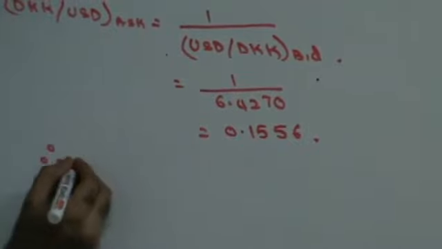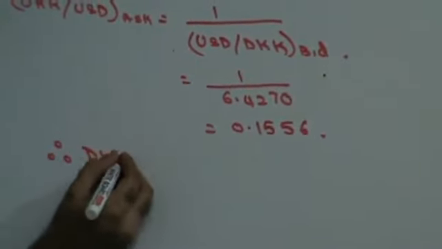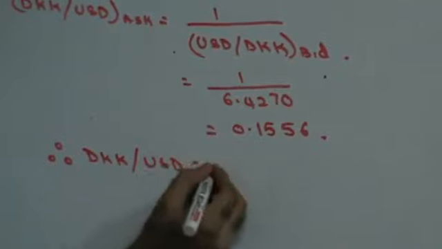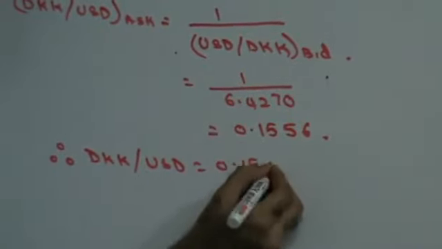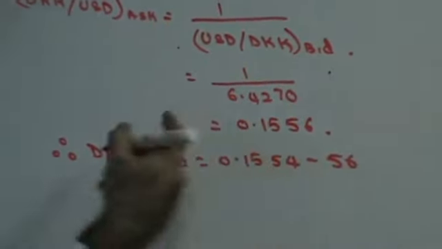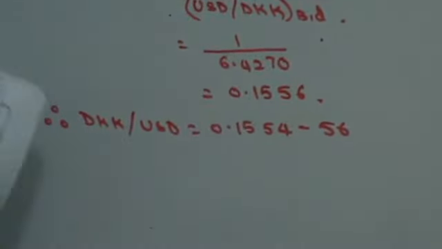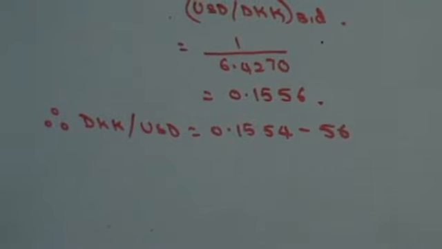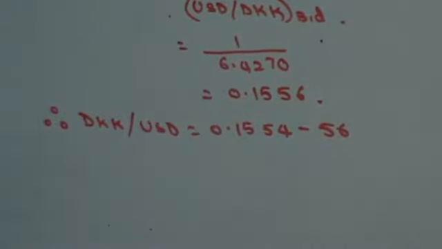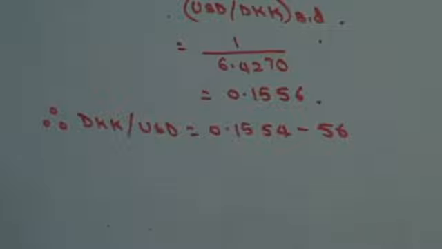Therefore, my indirect quote DKK USD is going to be 0.155456. Only the last two digits are repeated. That's how you convert a direct quote into an indirect quote, and that's how you identify for which country the given quote is a direct quote and for which country it is an indirect quote. So this is your type 1 sum.